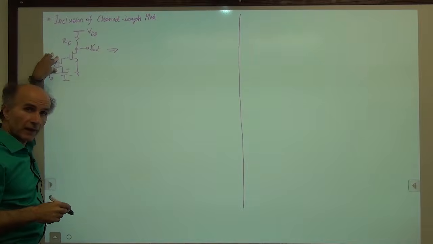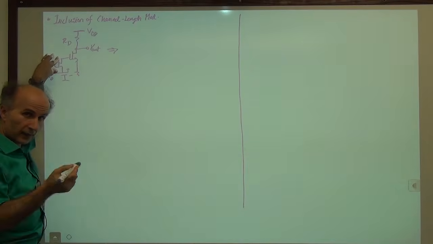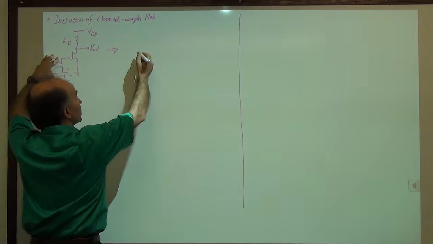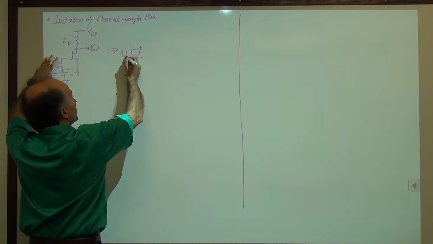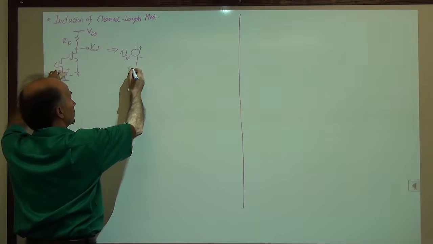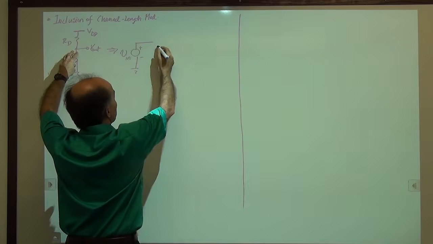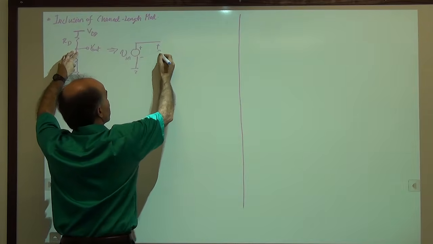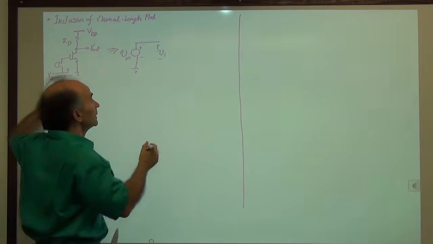The microphone is replaced by a simple time-varying voltage source, so that doesn't get set to 0 because it varies with time. So here's our microphone signal, which we call V in. And this battery goes to 0 because its change with time is 0. For the MOSFET, we have to have a small signal model, assuming, of course, that the signal that's coming in from the microphone is small.